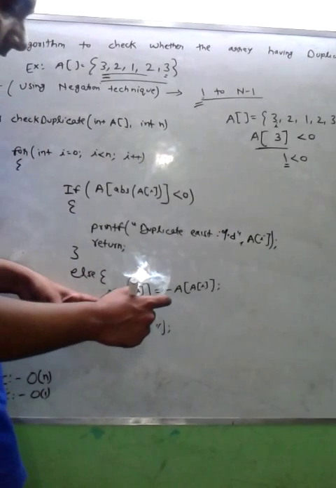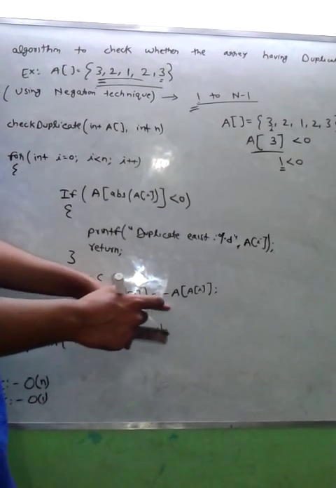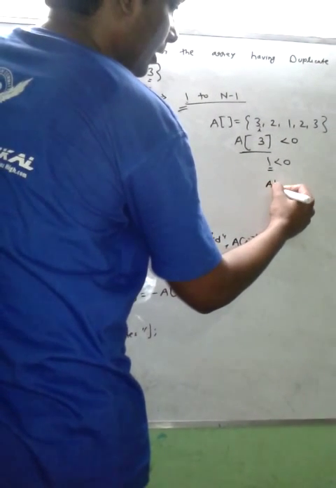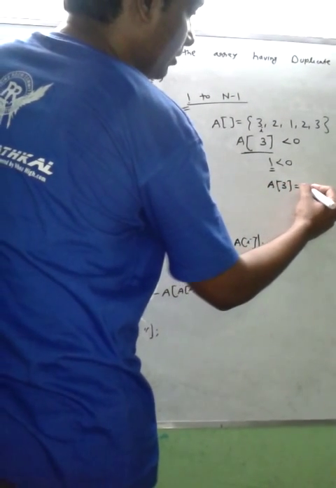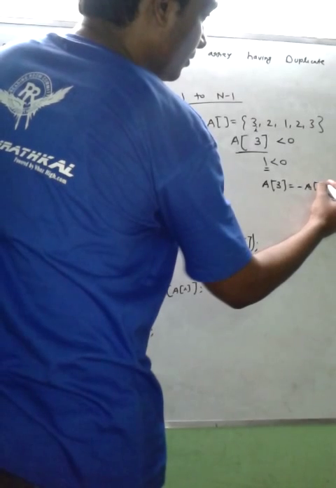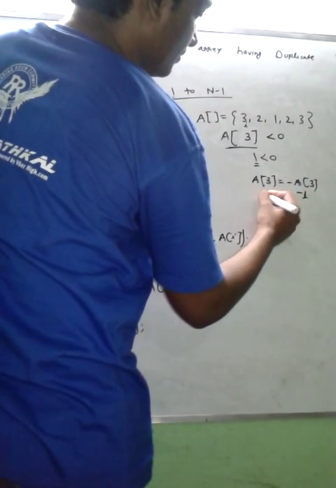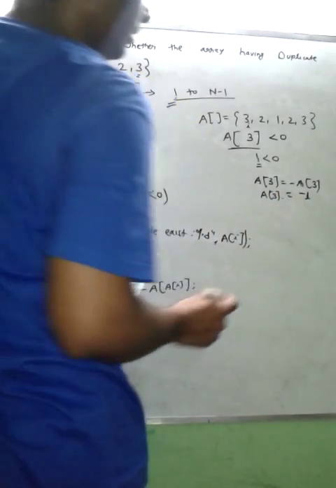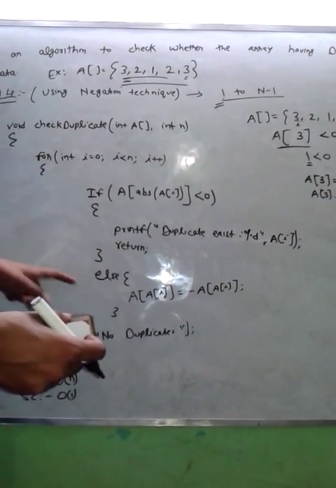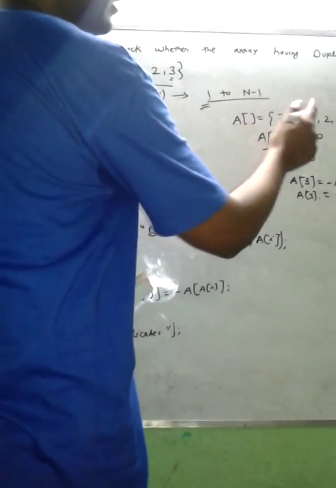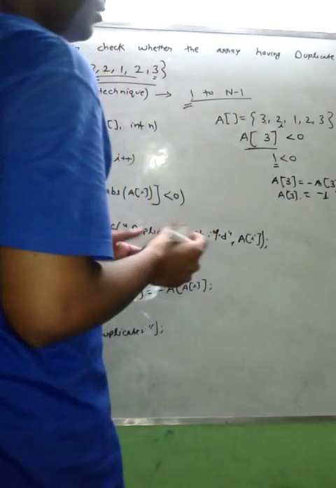So we will make this element negative. a[3] equal to minus a[3], so this will be minus 1. Again we will increment the i.